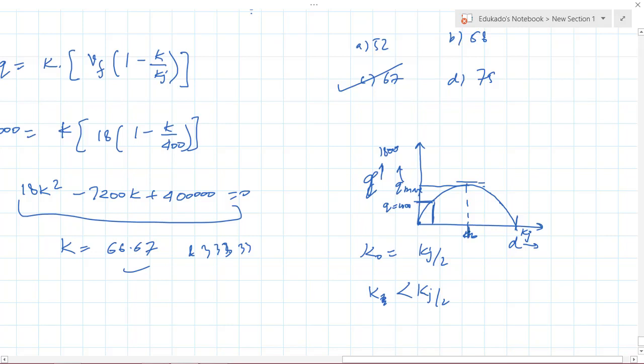For 1800 the value is k naught, and for 1000 the value corresponding on this graph will be lesser than Kj by 2. So for the value of k less than Kj by 2, there is only one way, which is 66.67. Therefore C is the final answer.